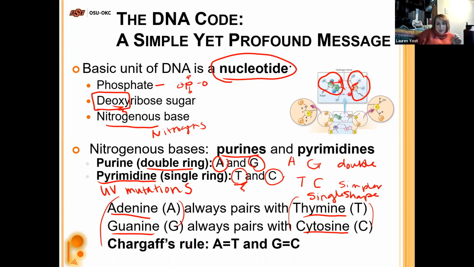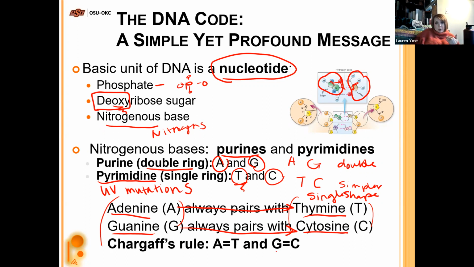The A always pairs with the T, and the G always pairs with the C. That's Chargaff's rule. I always say Chargaff, and everybody always makes fun of me. But Chargaff's rule says A always with T, G always with C. That's how they bind with each other in the ladder.